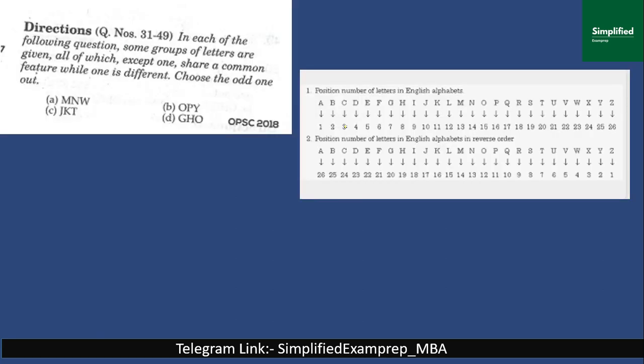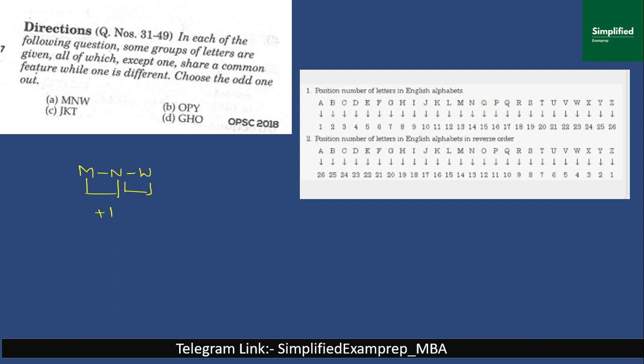Now see, in this type of question, first you have to find the pattern. Here, in the first option we have M, N, W. Now try to find the relationship between M and W. If we add 1 to M, we get N. So let's try here.